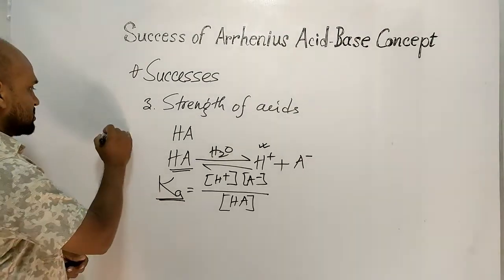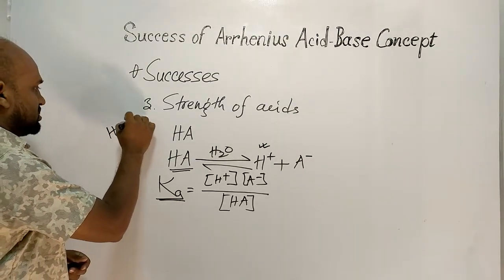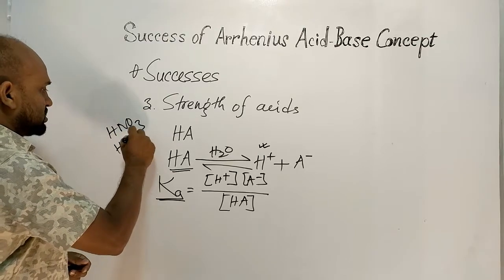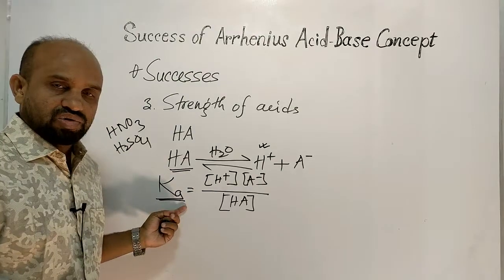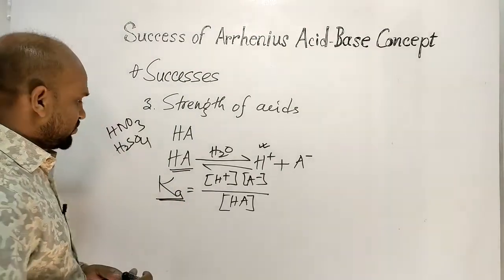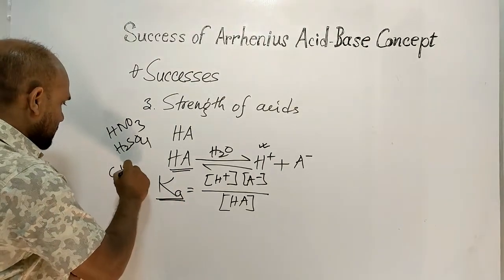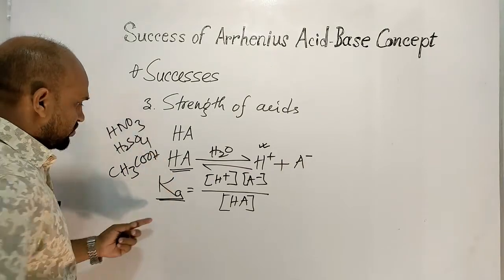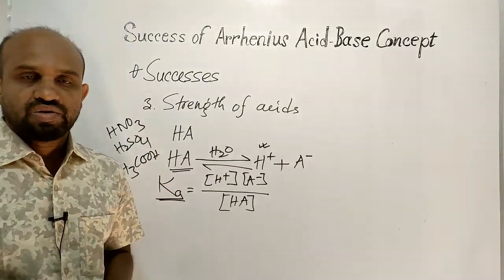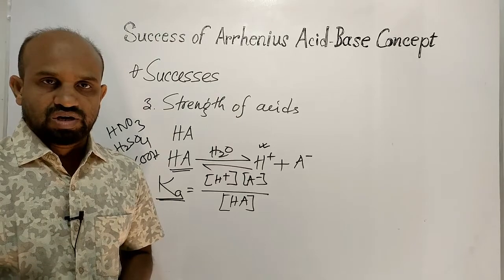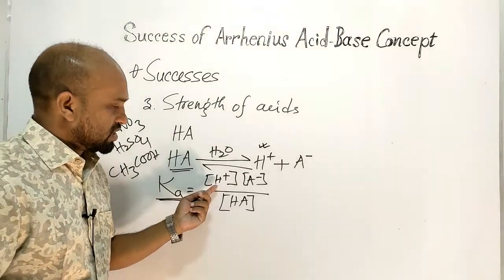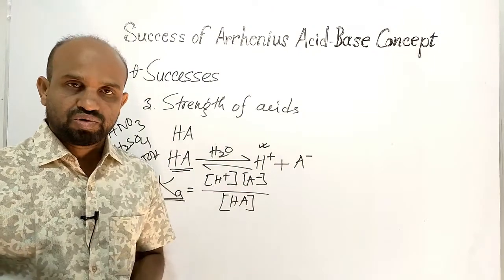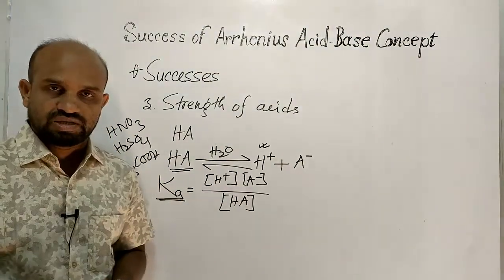The strong acids are, suppose, nitric acid, sulfuric acid, etc. So this is about the strong acids. And for a weak acid, suppose acetic acid, the Ka value will be lower, because acetic acid cannot produce huge amounts of proton because it's a kind of weak acid.